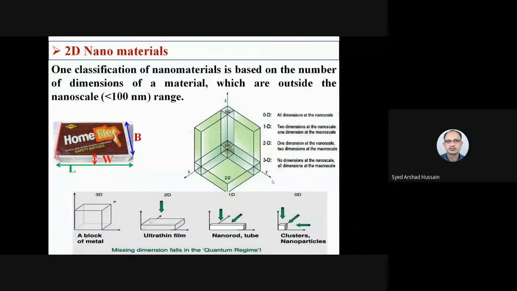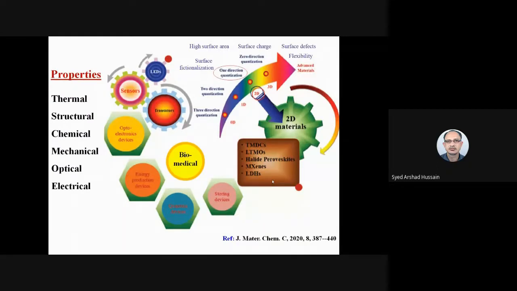So already Professor Pal has discussed some basic things about 2D nanomaterials. Mainly in case of 2D nanomaterials, one dimension of the material has to be cut down to the order of nanodimensions. There are a lot of examples already, as Professor Pal has said.